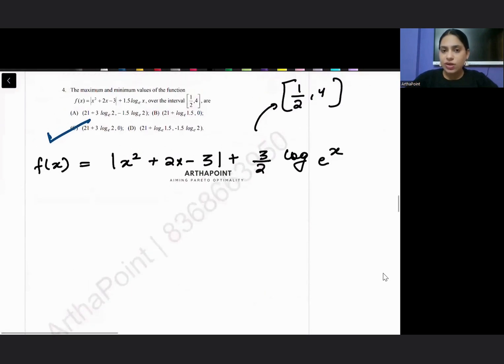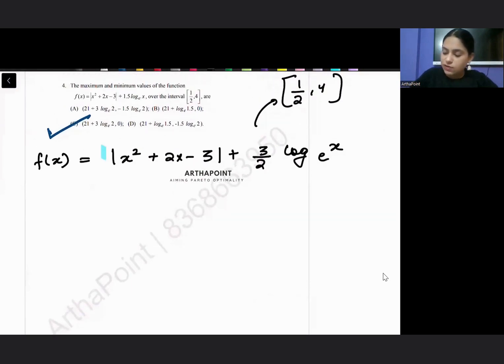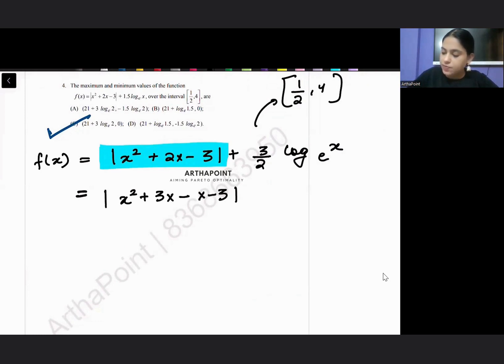So what I can do therefore is first I will try to evaluate this aspect of the function. If you just notice, I will write this as x square plus 3x minus x minus 3 in mod, plus 3 by 2 log x to the base e.